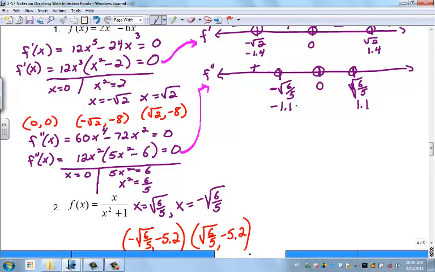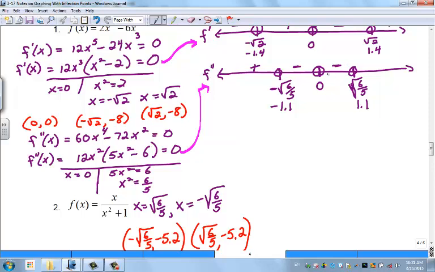Okay, so between negative 1.1 and 0, pick negative 1. If I plug a negative 1 in here, this comes out to be positive. If I plug a negative 1 in here, this comes out to be a 5 minus 6, which is a negative. Positive times a negative gives me a negative. If I put a 1 in there, which is between 0 and 1.1, I get a positive on the outside, and I get a negative on the inside again. So positive times a negative, negative again.